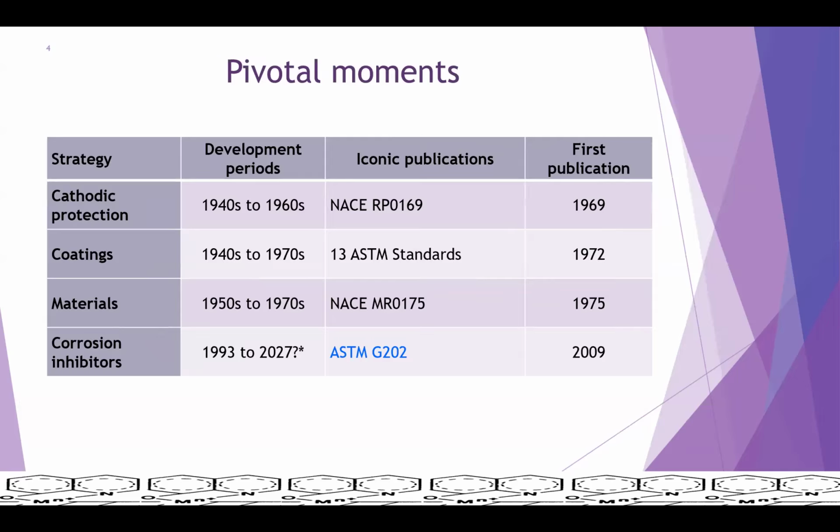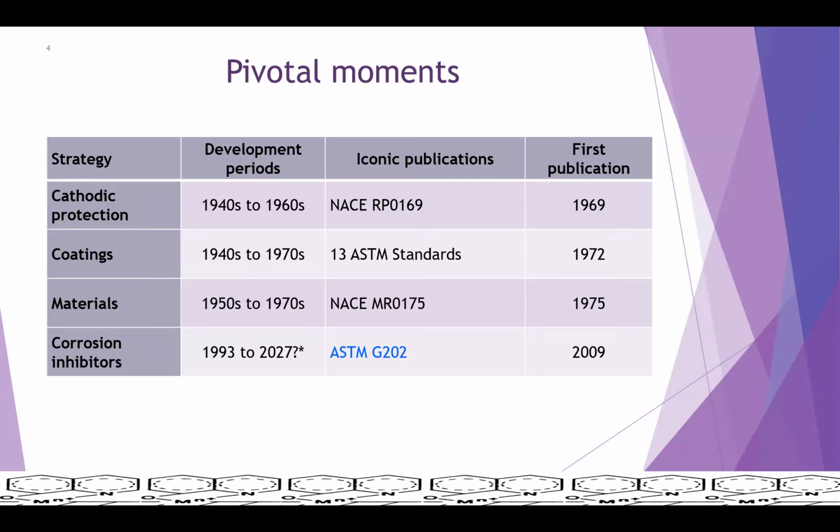Standard test methods don't get developed on their own. It takes a long time. For example, cathodic protection, the iconic NACE first standard, RP0169, was originally published in 1969, but the industry and NACE worked for more than 20 years before the first publication was made.